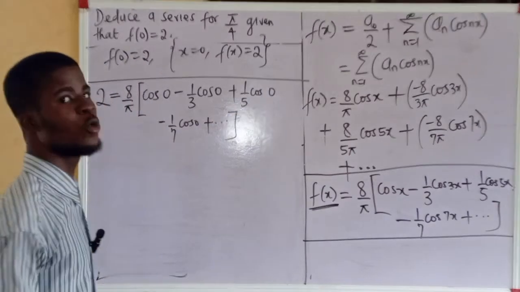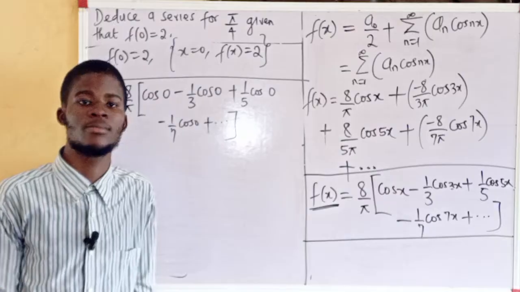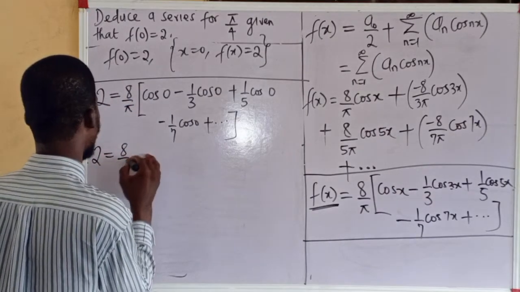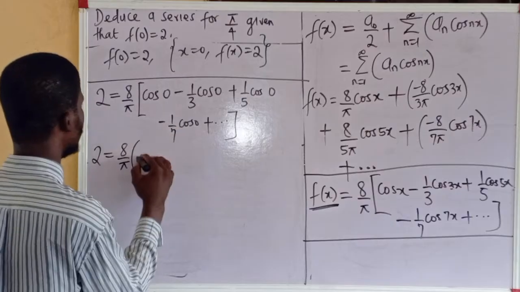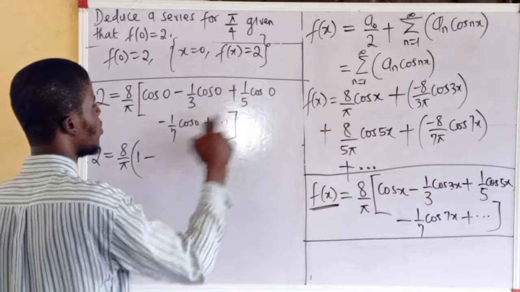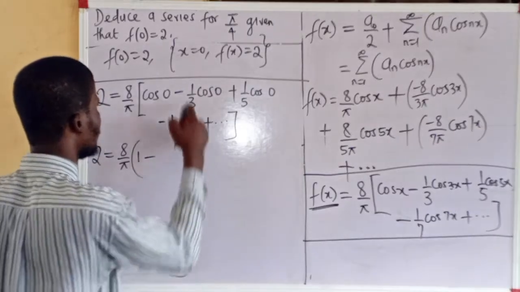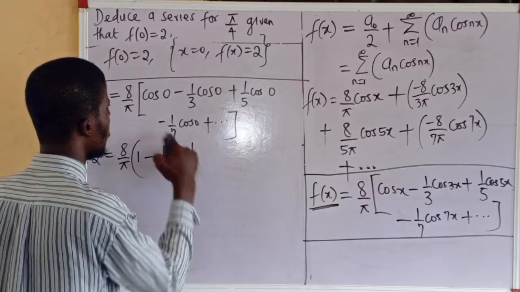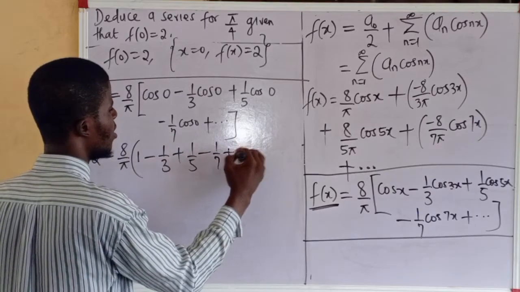Cos 0 is equal to 1. Yes, that's it. So we have 2 equal to 8 over pi into 1 minus 1 over 3 plus 1 over 5 minus 1 over 7 and so on, since cos 0 is equal to 1 for all of them.